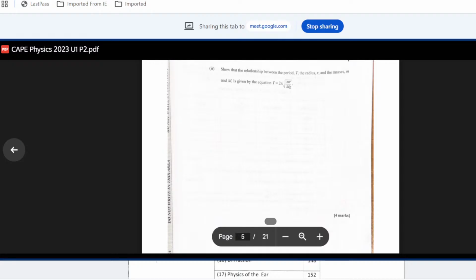So still under circular motion, we should still be thinking about circular motion equations.